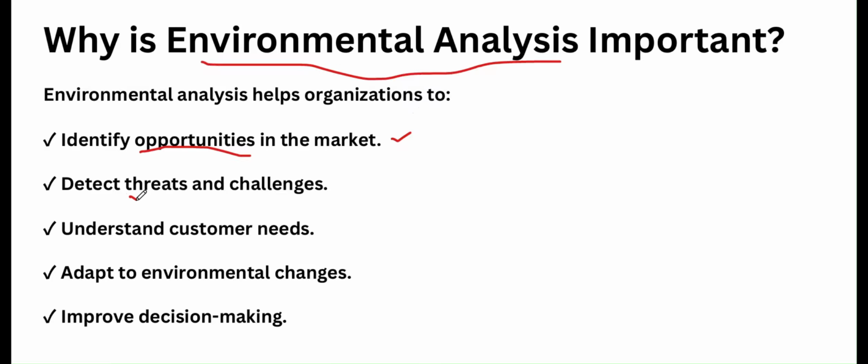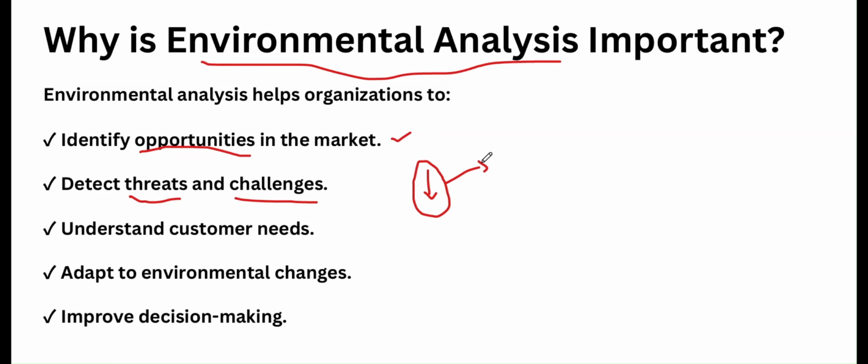Next one is to detect the threats. So if there is a new competitor arising in the market and they are offering the particular product that our organization is also selling at a much lower price, then what happens? The customer tends to buy the product which is lower priced, right?